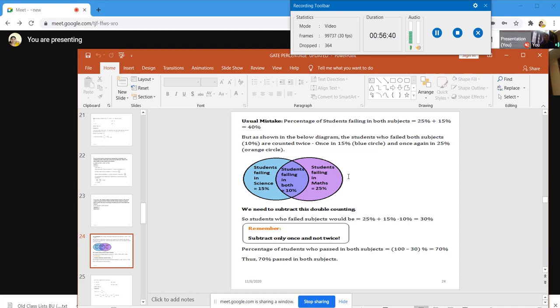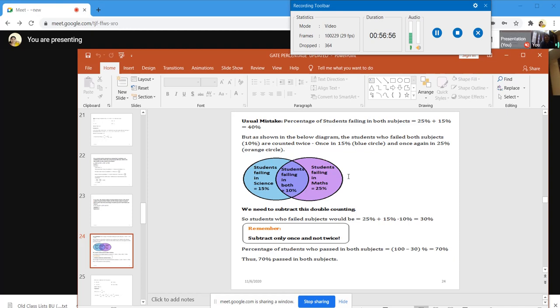So the total failed in science and mathematics is 40 minus the students failed in both cases, we should subtract. So the answer is 30 percent of students failed.